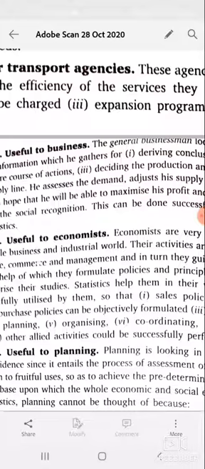If we say 20% of the Indian population is below the poverty line, this is a statistic, and only then can economists make a suitable policy for these 20% poor people.